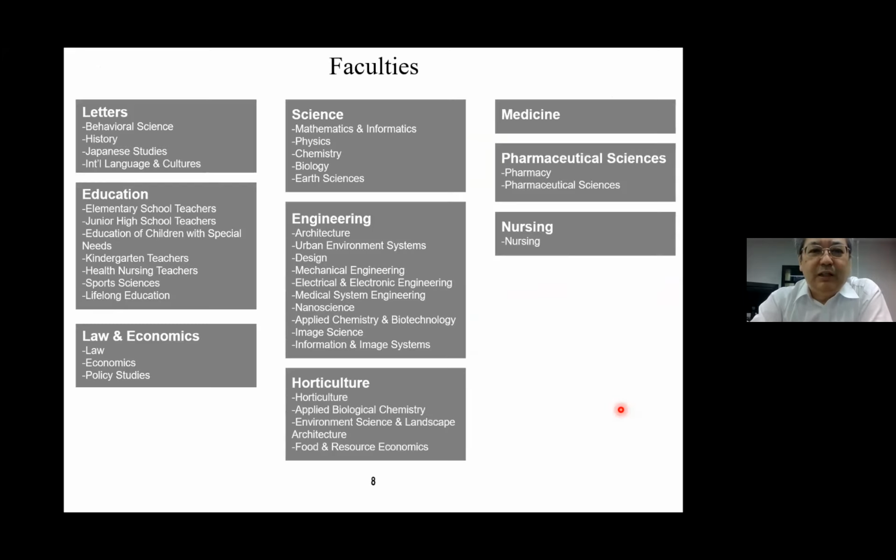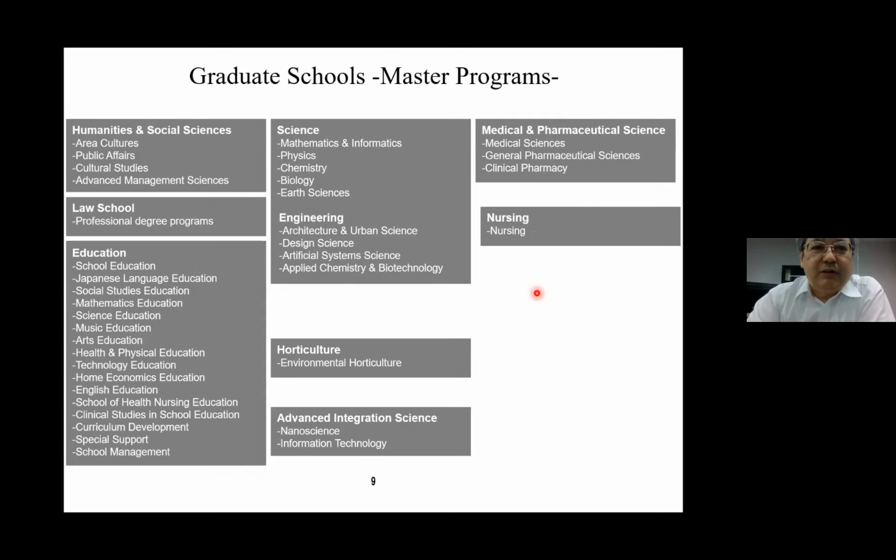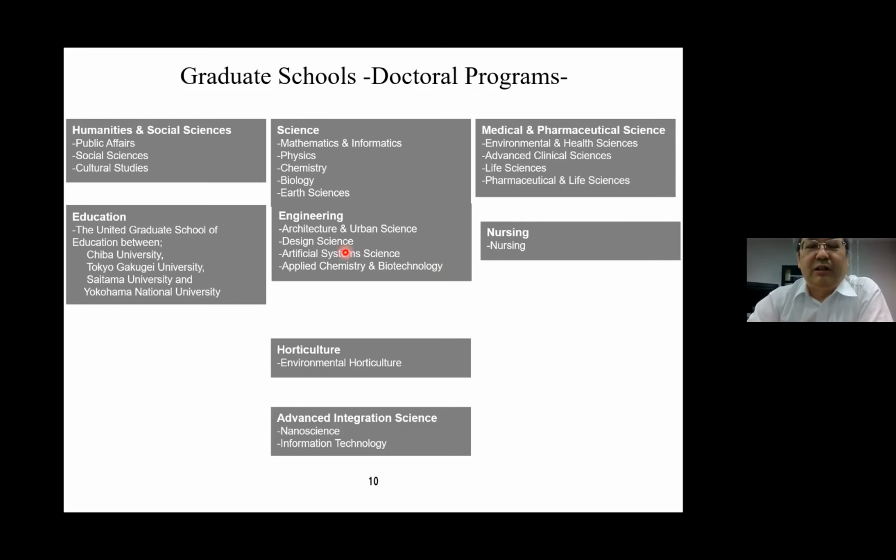We have 9 faculties in undergraduate. Science and engineering are mainly what you may have interest in. Also, we have medicine and pharmacy. In the graduate course, science and engineering are merged into one course. This is for the master course. The doctoral course has a similar structure.